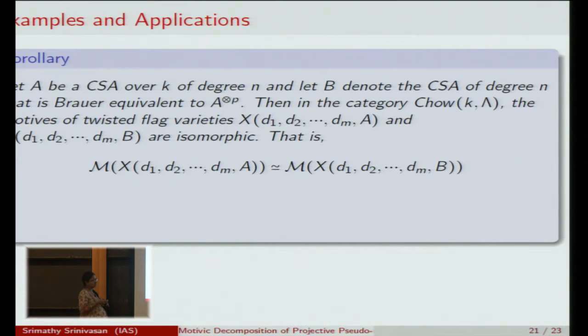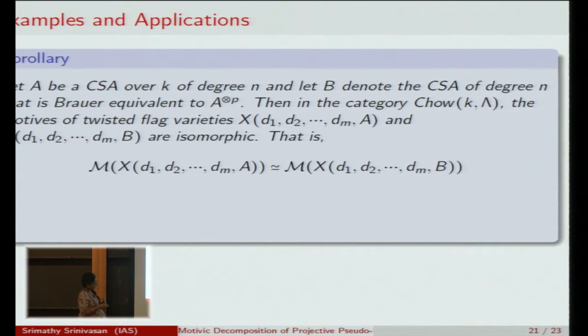and the way I show it is by using the theorem that the motive of X and X tilde are isomorphic. In this case, it turns out that B is just like A twisted by the Frobenius. So A tensored with itself p times is just the central simple algebra A with a different K structure given by the Frobenius.